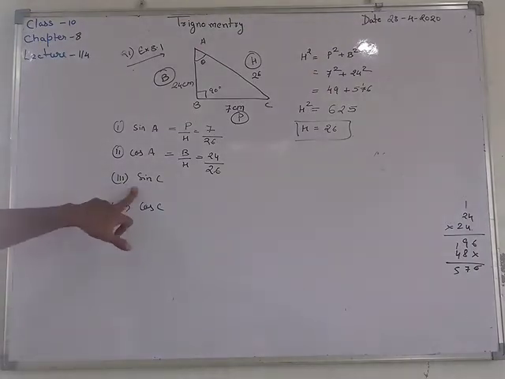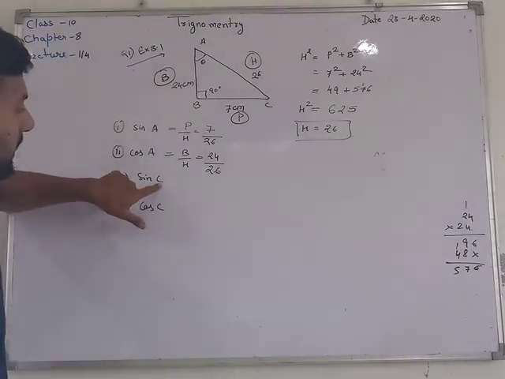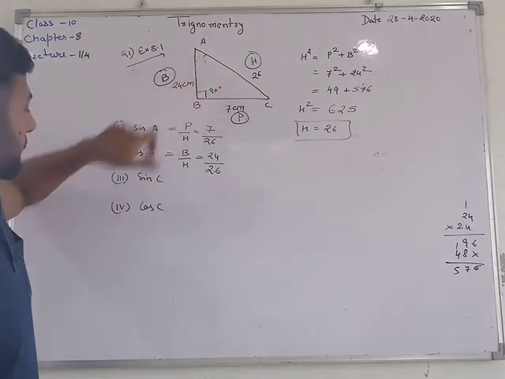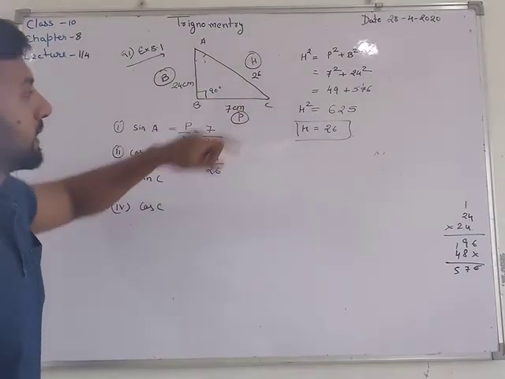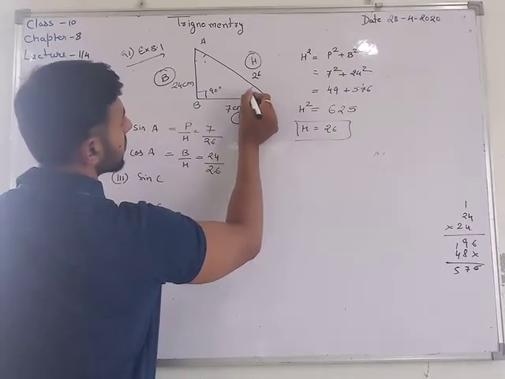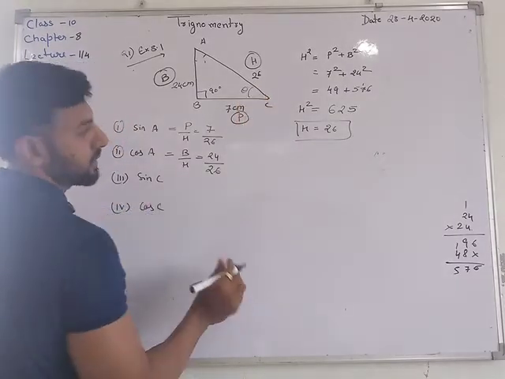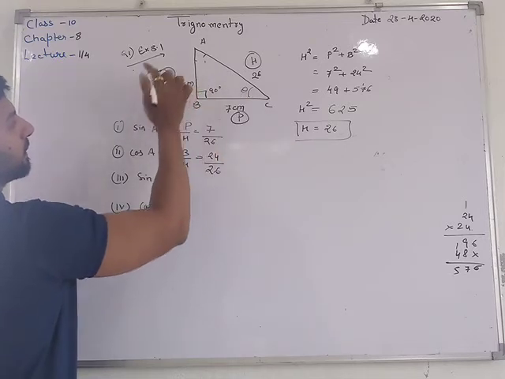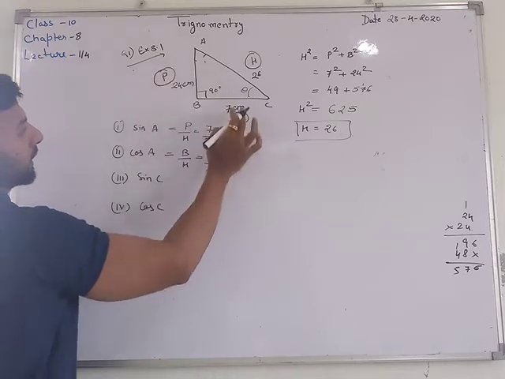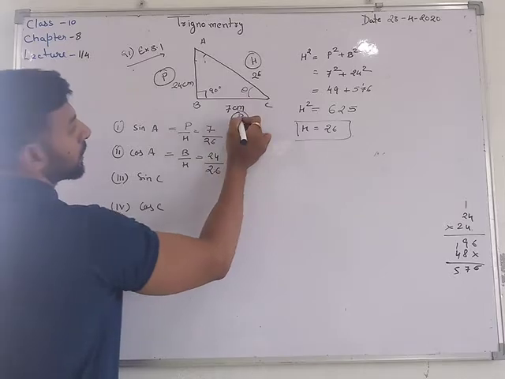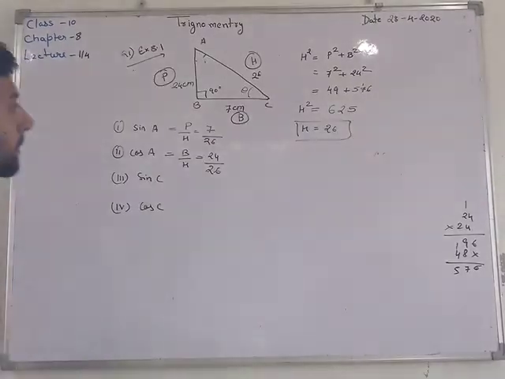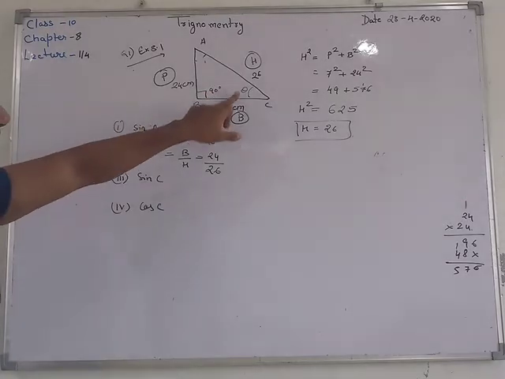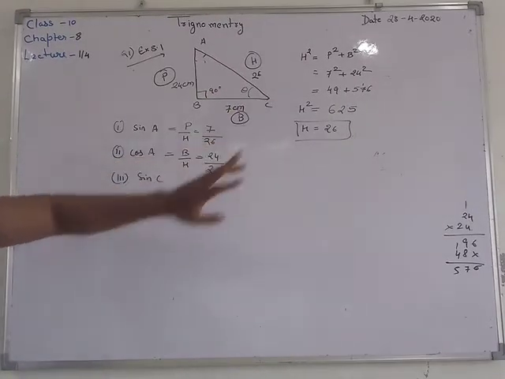Now for sine C. Sine C means C is the theta. If this is theta, then the side opposite to the theta will be perpendicular, and the side including the theta will be base.